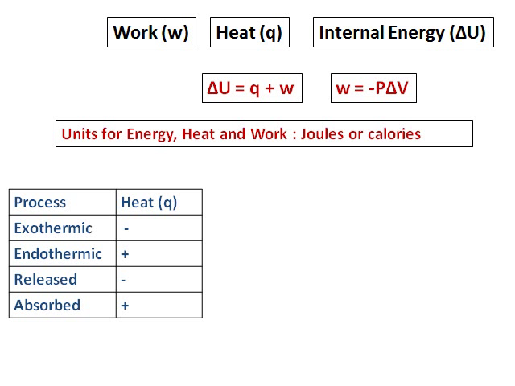For example, the first table explains that if the process is exothermic, because sometimes it will not be given to you, you have to decide based on the sign given there. If the process is exothermic, heat should be taken as negative. If the process is endothermic, heat should be taken as positive. And if the question says heat is released, you have to put a negative sign in front of heat. And if it says absorbed, you should put a positive sign.